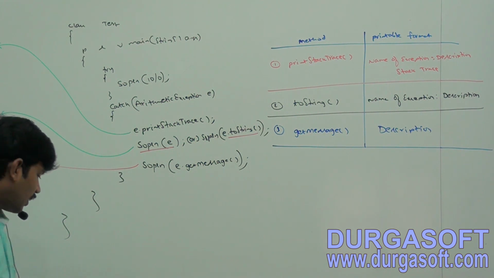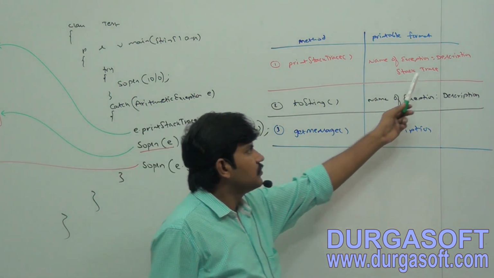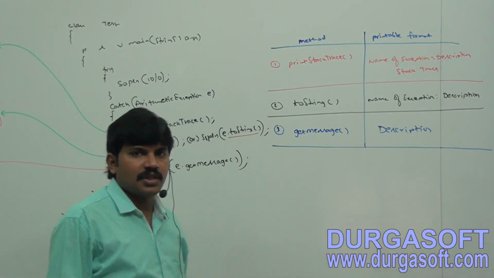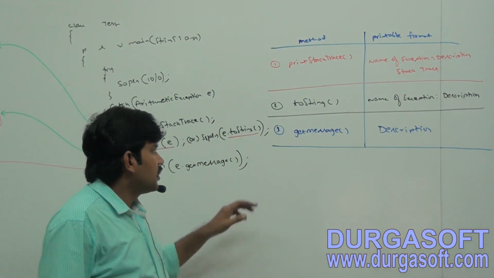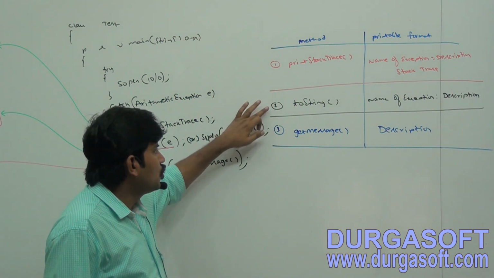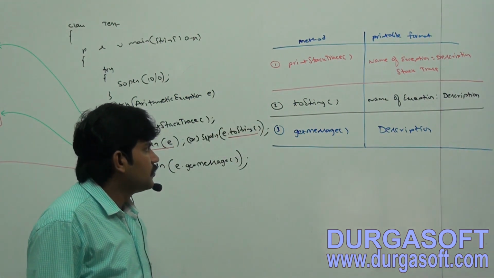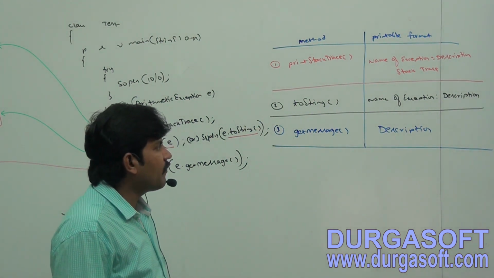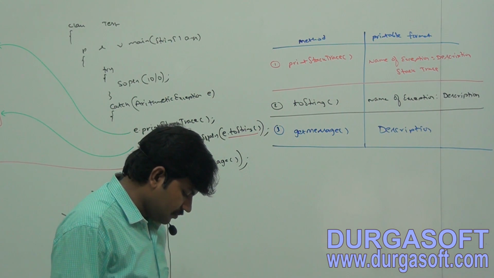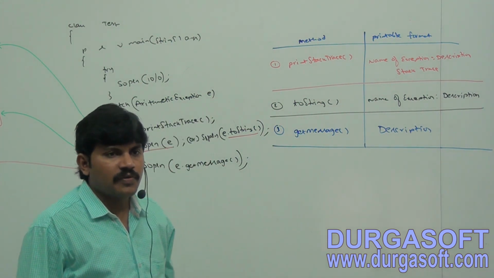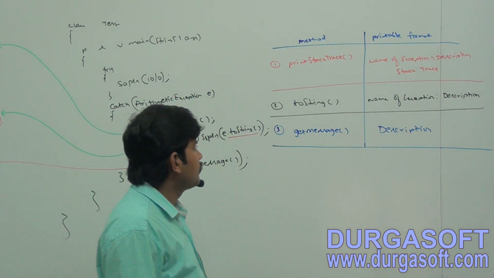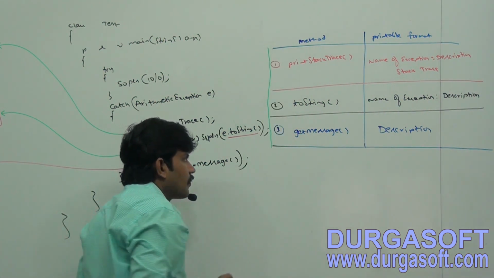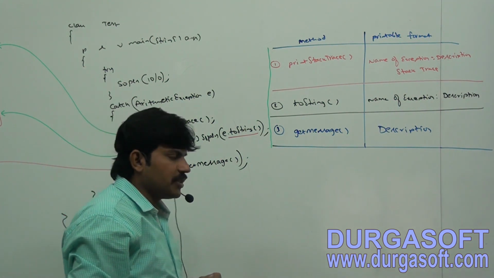Next, second one, toString method: name of exception colon description.